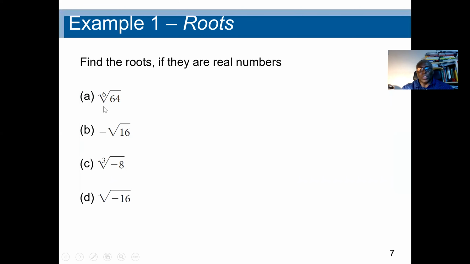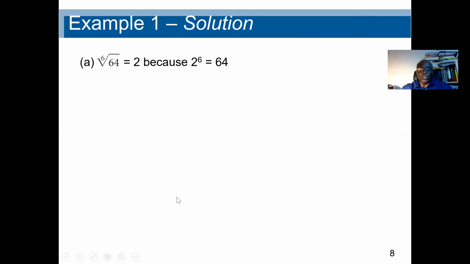So that's the example here. Here they say we should find the 6th root of 64, and then negative square root of 16, cube root of negative 8, and square root of negative 16. So let's go through the solution one at a time. So here, since we know that 2 to the power 6 is 64, then we know that the 6th root of 64 is equal to 2, because 2 to the power 6 is 64.